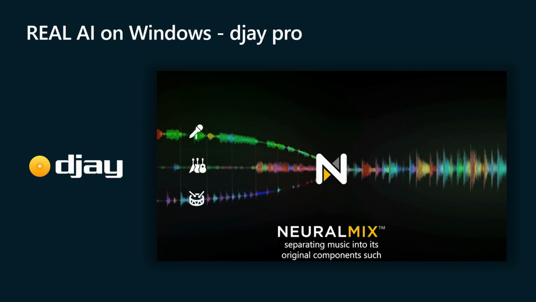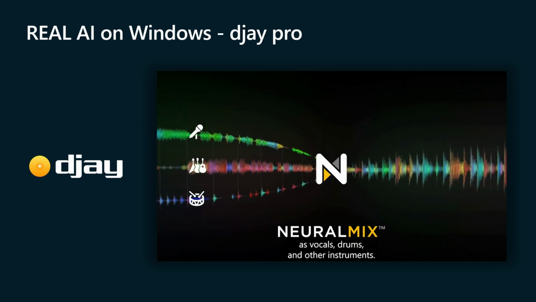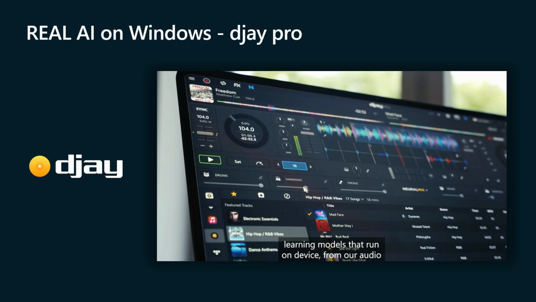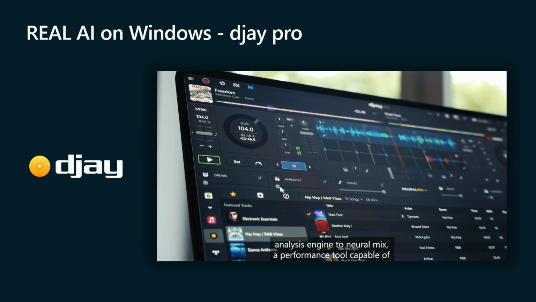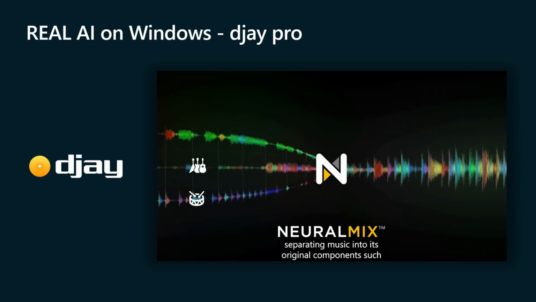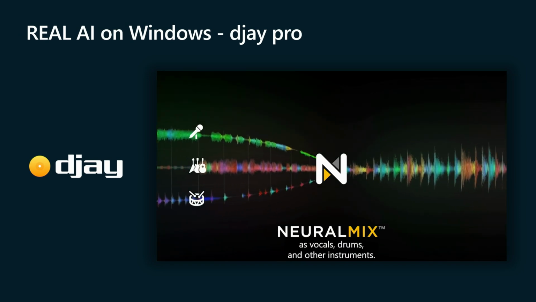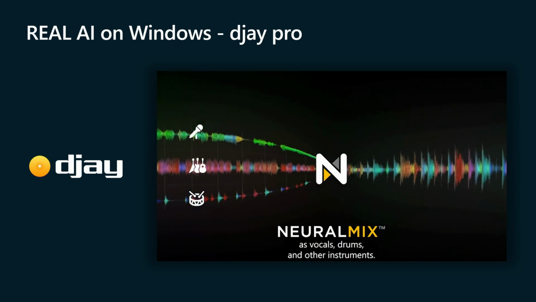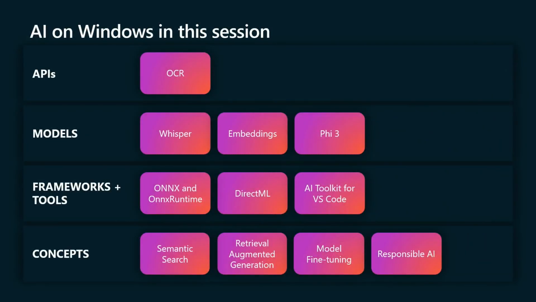They're using the NPU on the latest Copilot+ PCs to do things like neural mix, which allows you to separate the different parts of audio, or to find things like the BPM to mix tracks easily between each other. Yeah, absolutely. Sounds amazing. I would love to mix my music on my personal laptop. What's stopping you? Nothing.